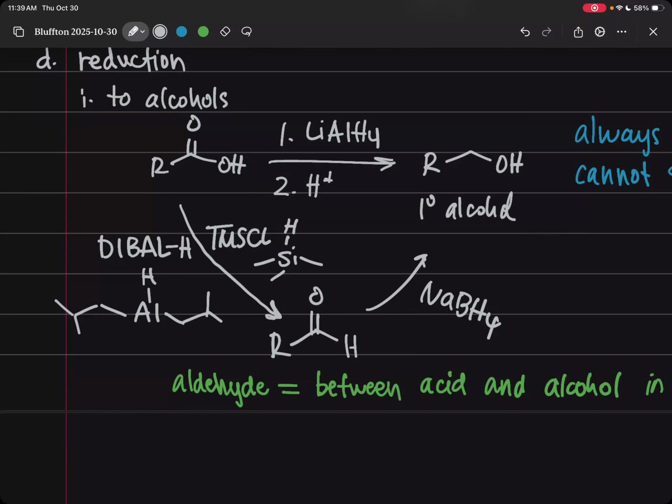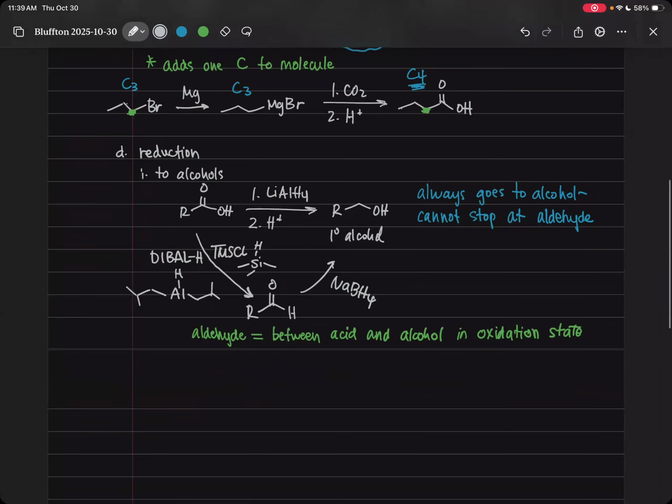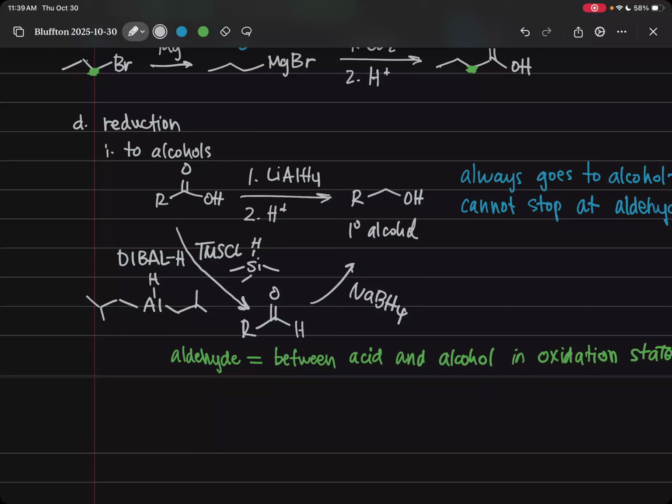But if we only want a mild reduction just to the aldehyde that will stop and not go any further until we treat it with something else, then we need a more selective variety of reagents, in this case, trimethylsilyl chloride and DIBAL.